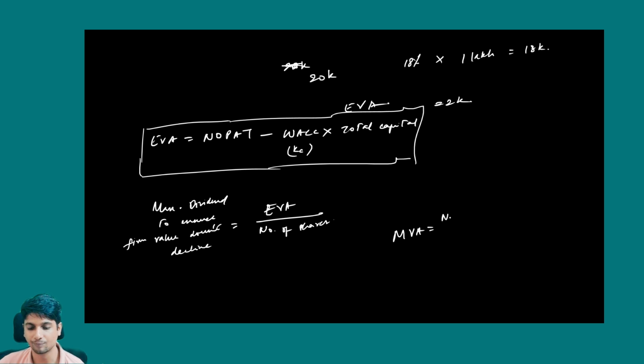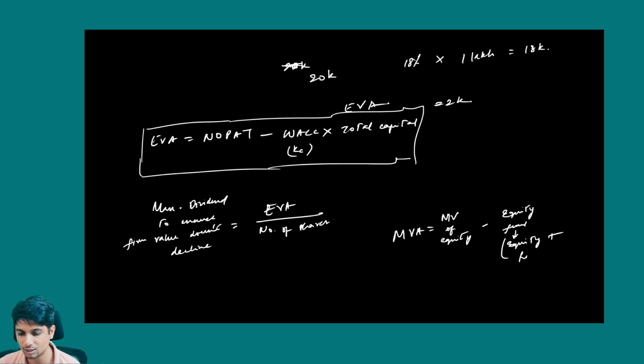So MVA is nothing but market value of equity minus equity fund. So what is this equity fund? It is nothing but equity plus reserves and surplus, right? So with this we are done with revision.